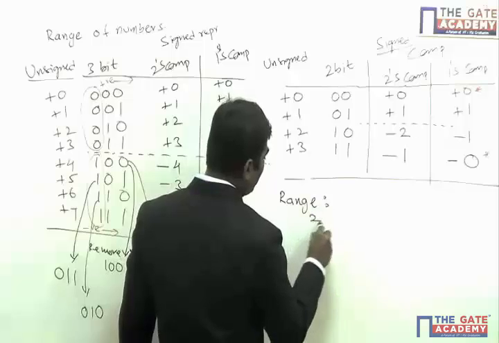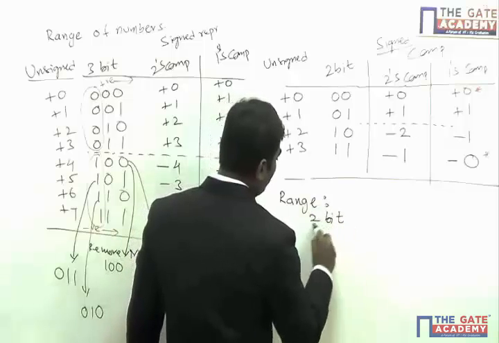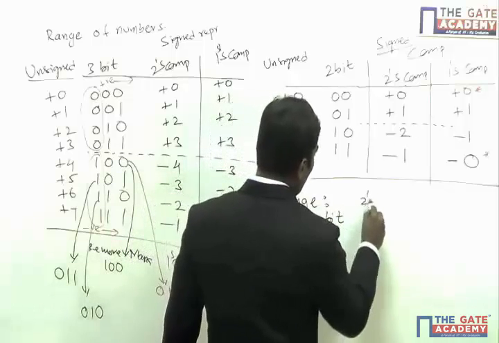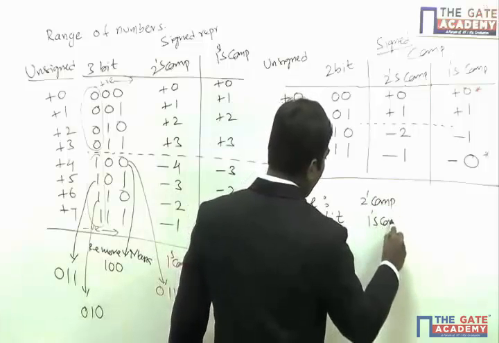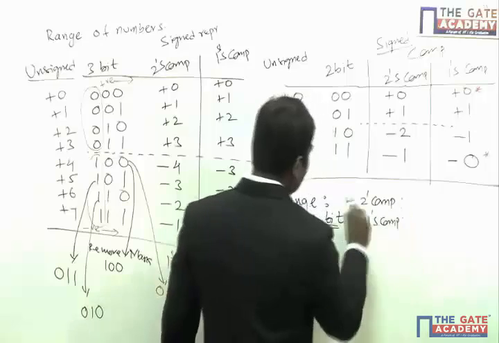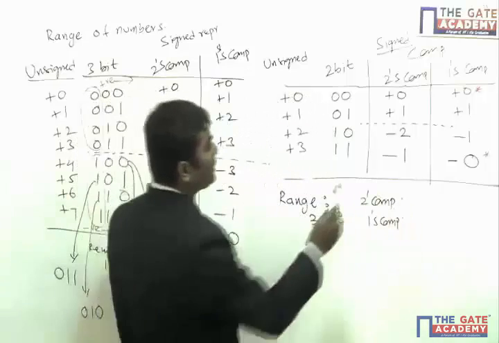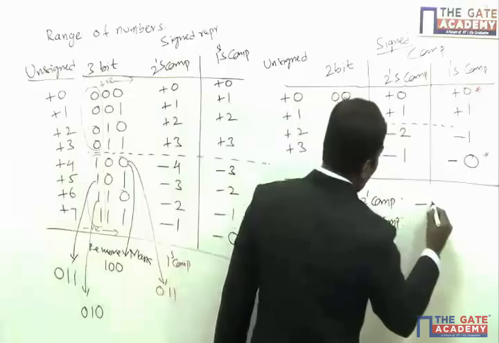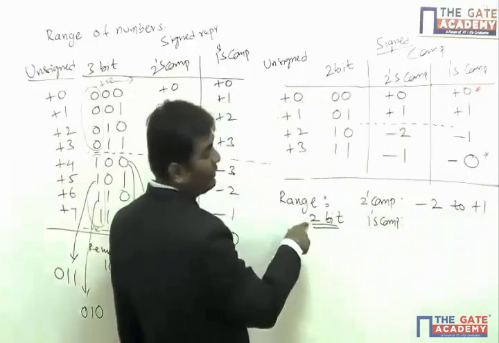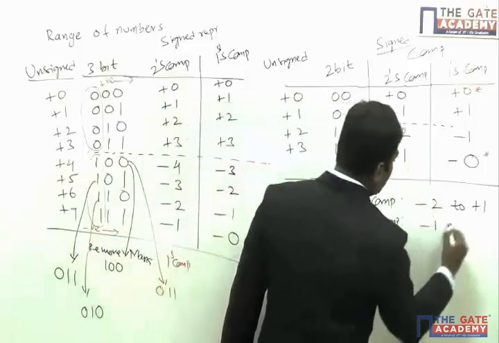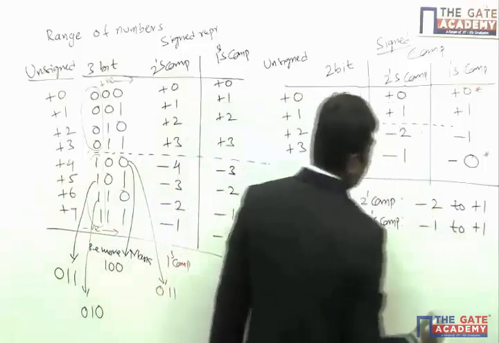Range by 2-bit. Let me consider that it is 2-bit, 2's complement and 1's complement. What's the range with 2's complement? With 2-bit representation, 2's complement, the range is minus 2 to plus 1. 1's complement, minus 1 to plus 1.